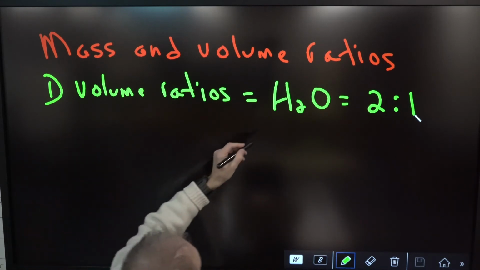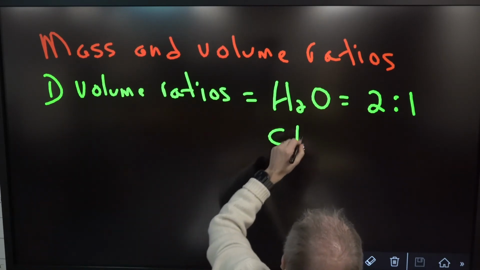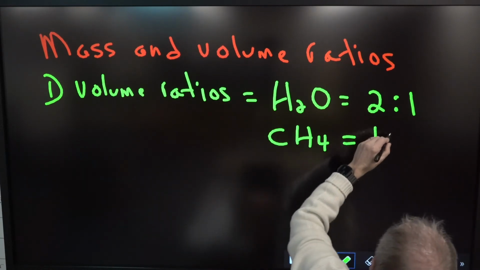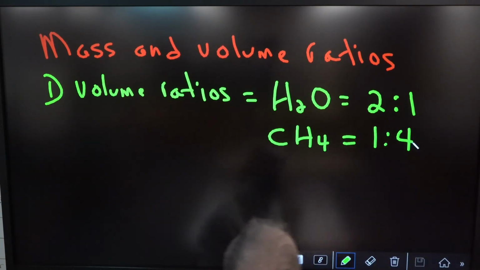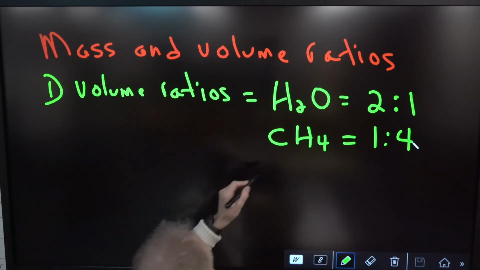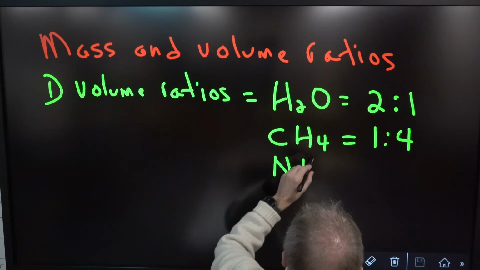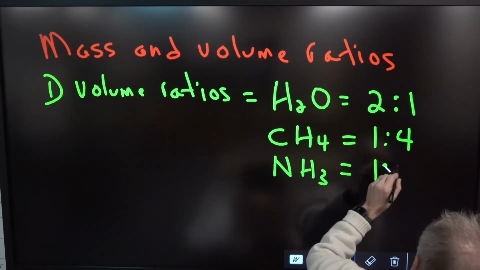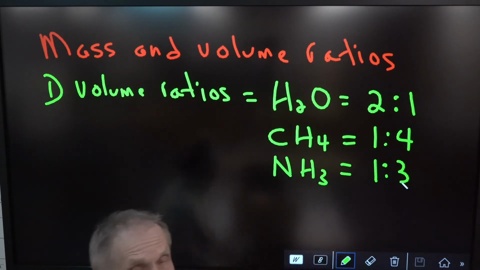Let's do another one. CH4 would be 1 to 4. So you just look. NH3, that would be a 1 to 3 volume ratio.